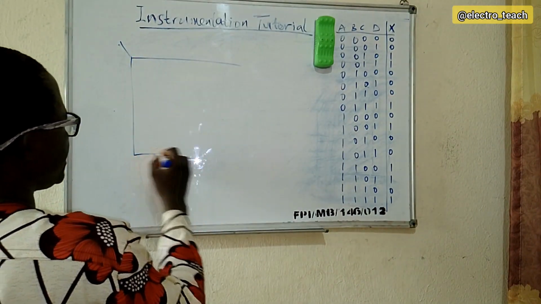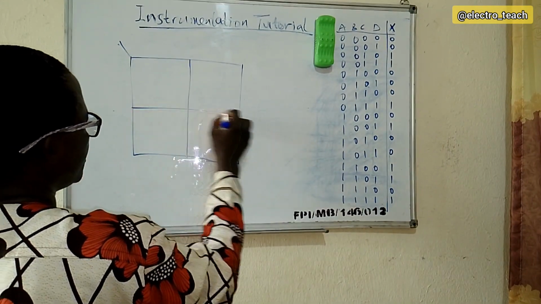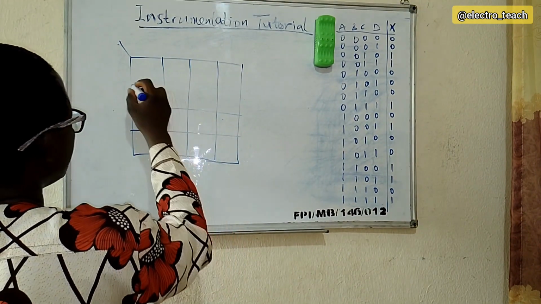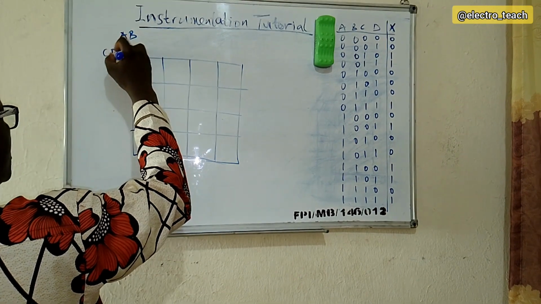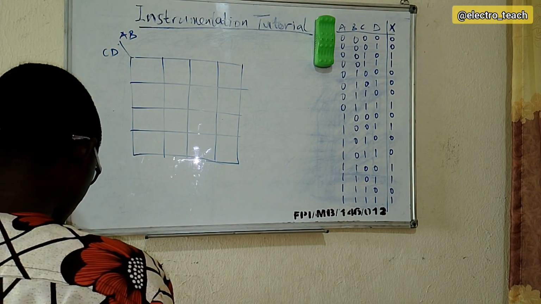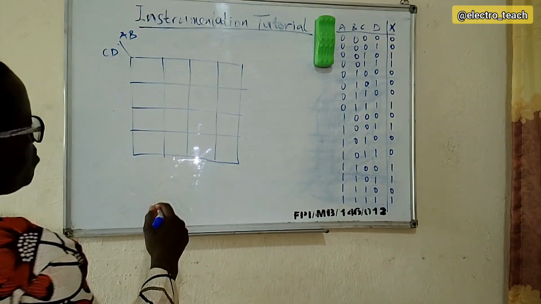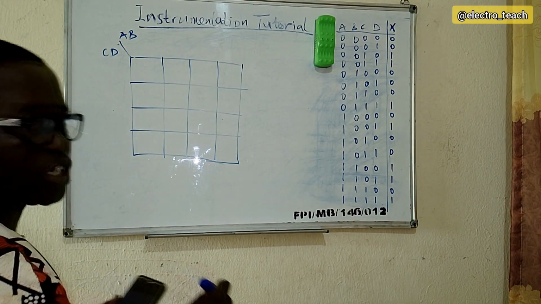So we have a Karnaugh map like this. That is the 4 by 4 map for 4 input combinational logic gates.